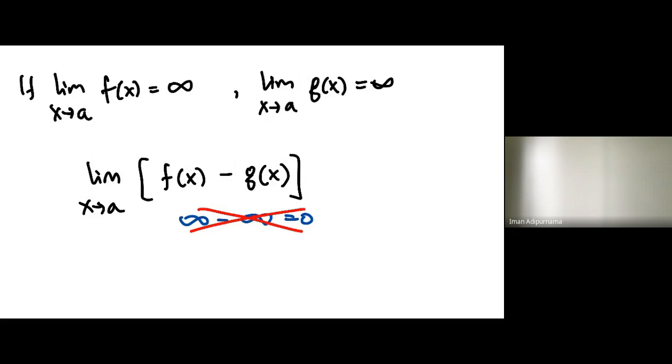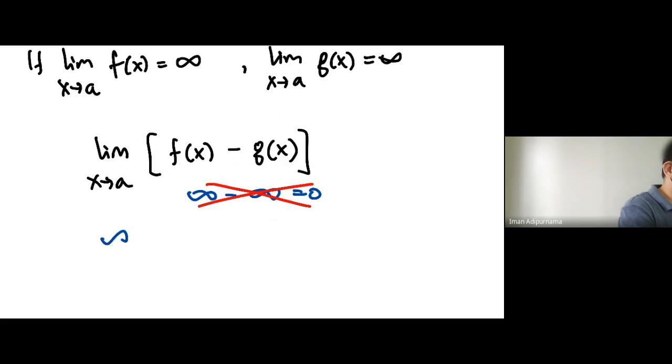Infinity is already an abstract value, but we know that if we have infinity, then there will be something really big that we cannot calculate, and also maybe it will be some finite result. So how do we do it? This is also an indeterminate form. It's called the indeterminate difference.